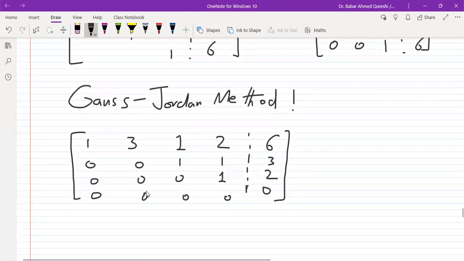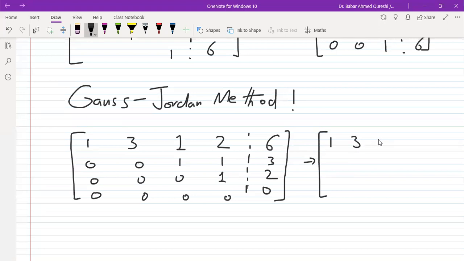So if I apply the Gauss-Jordan method, I will end up with a matrix like this. Very near to identity, but not really.